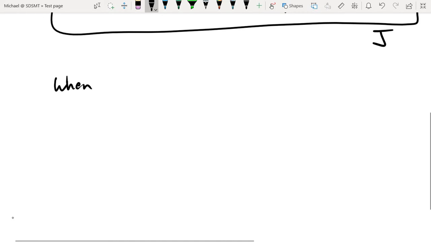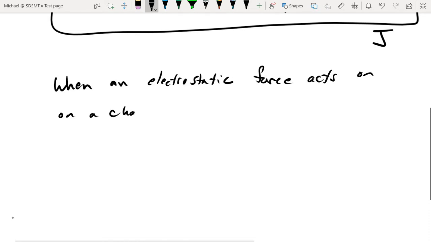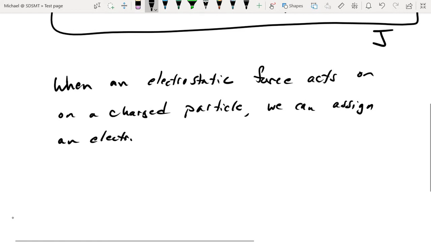So we say that when an electrostatic force, so these would be the electric forces that we were studying back in chapter 21, when an electrostatic force acts on a charged particle, we can assign an electric potential energy to the system.